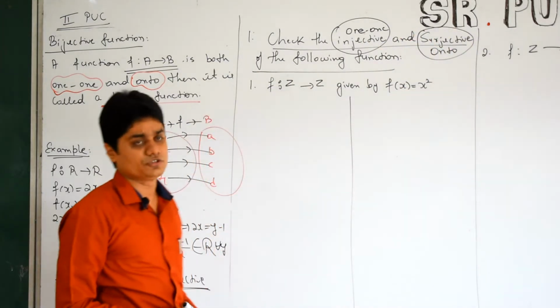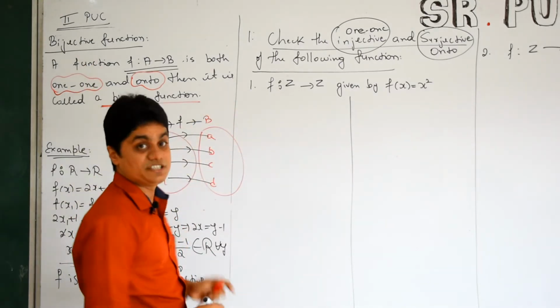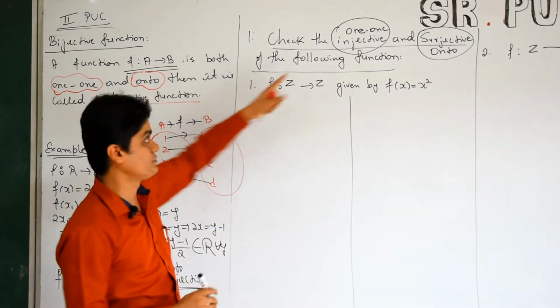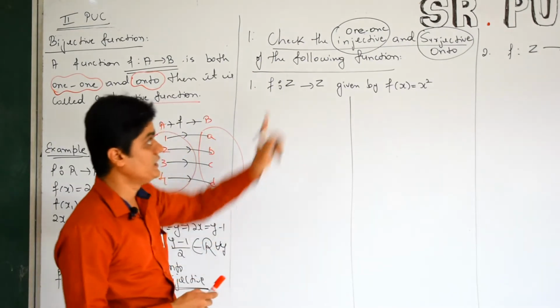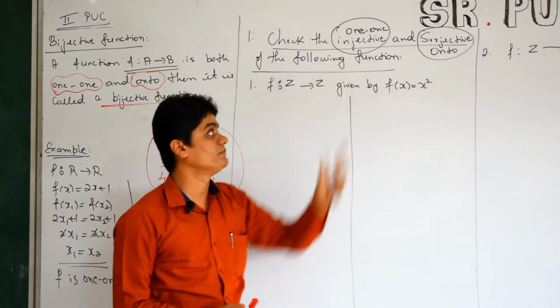An onto function is also known as a surjective function. When it is both, it is called a bijective function. It is called bijective because of these two words. Don't get confused. Injective is the 1-1 function.